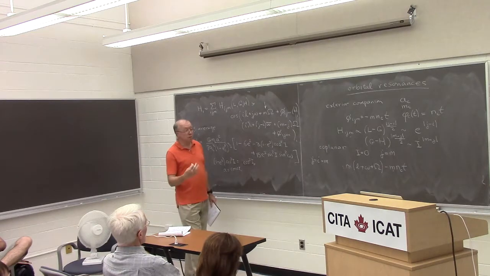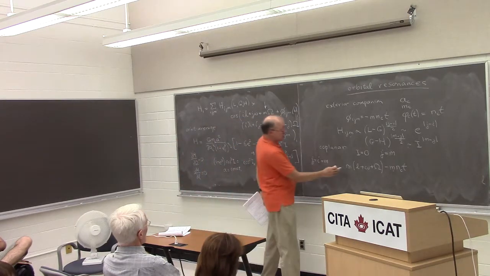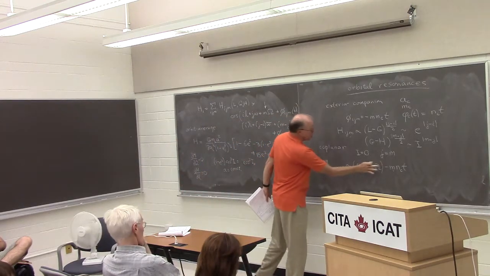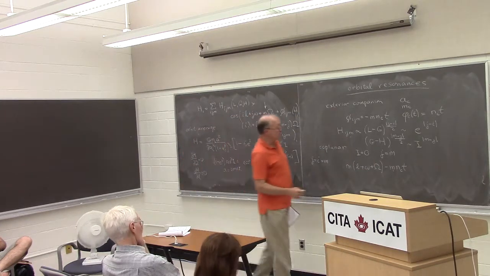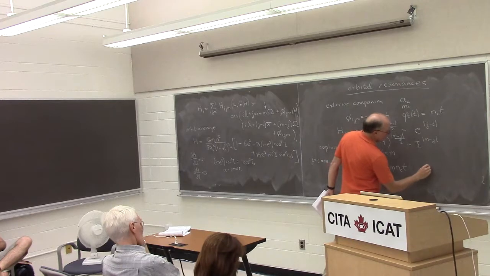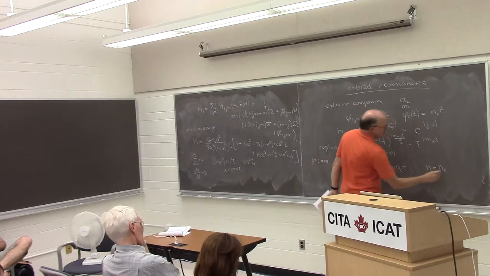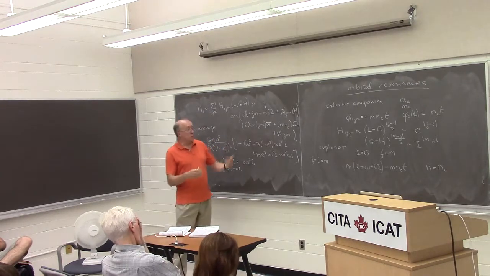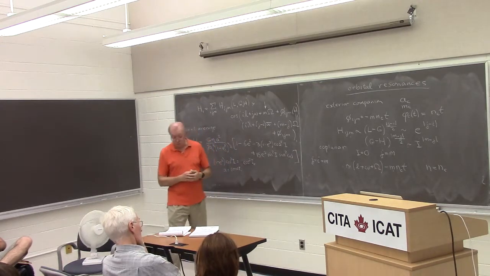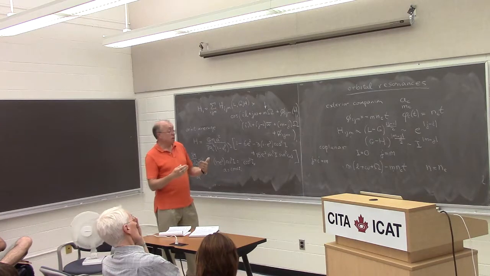If I take a time derivative of that, it's clear that this argument is going to vary slowly, and we're going to have a resonance if and only if n is equal to n_c. That is, if the mean motion of the planet we're interested in is the same as the mean motion of the companion. That does sometimes happen.